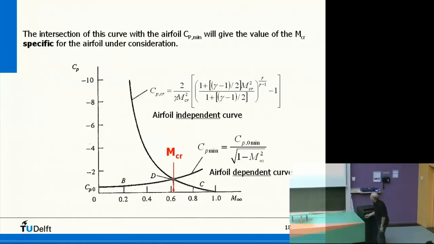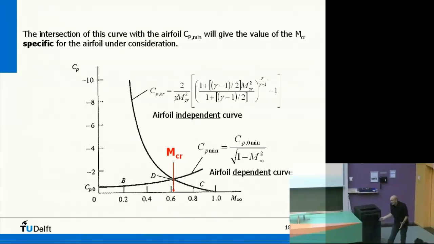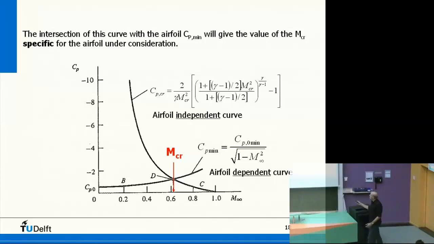Okay, and here it is. And simply, by intersection, you will find the critical Mach number for a certain airfoil. If this is the CP for a certain airfoil right here, and this is the critical CP as a relation with the critical Mach number, then at the crossover here, there is the critical Mach number.